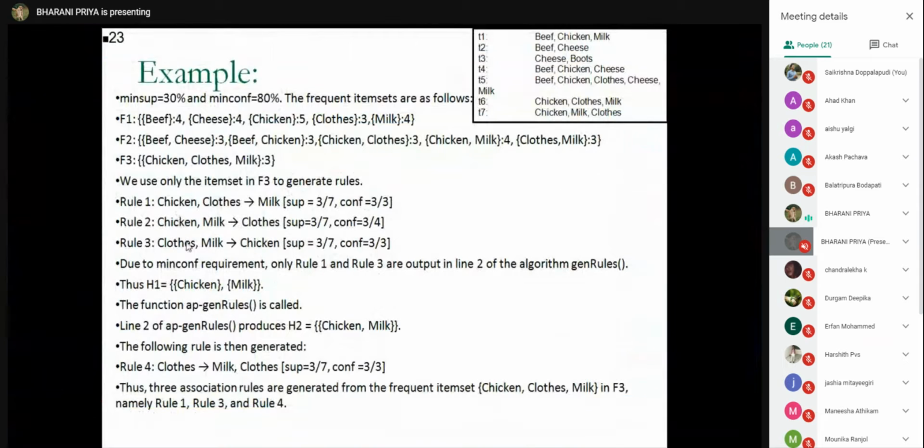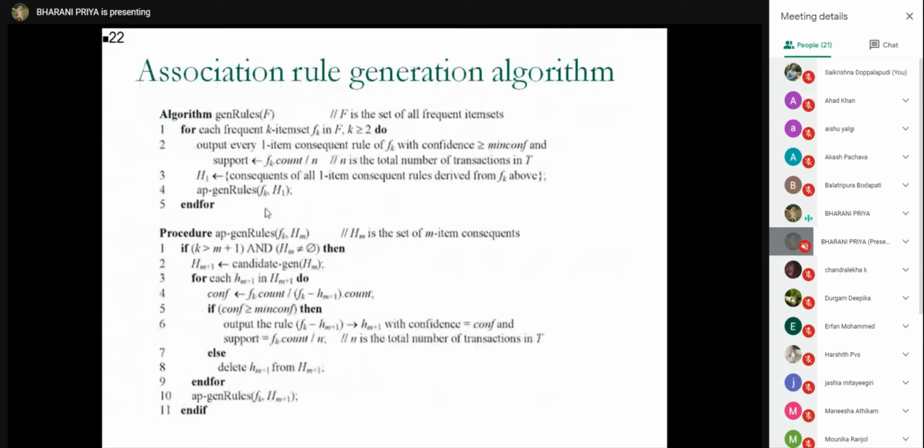So in rule 1 and rule 3, what are the consequents? Milk and chicken, right? So I am taking milk and chicken as one set and storing it in the variable called h1. h1 consists of all the consequents of one item sets.